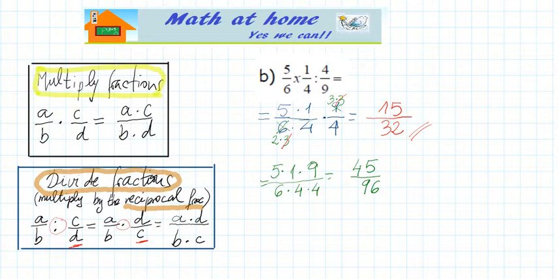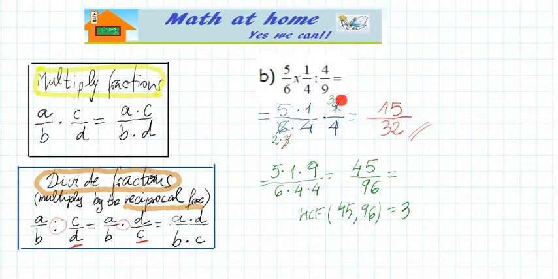Yeah, and now we have to simplify this fraction. This fraction has to be simplified. To simplify, of course, you have to calculate the highest common factor of 45 and 96. If you do this, you are going to find that the highest common factor is 3. Here you have all the factors of number 45: 5, 3, and 3.